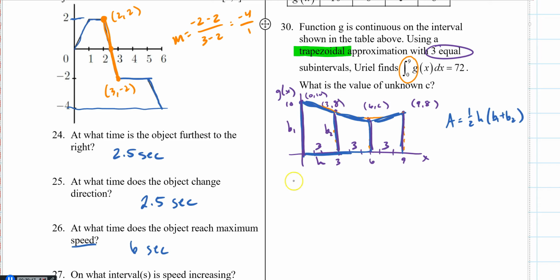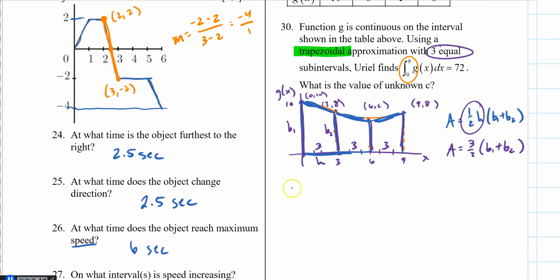So first of all, let's start with 1/2 h. That's going to be the same for all of them because the h is 3. So it's really just 3/2 times b1 plus b2, because 3 times 1/2 is 3/2.